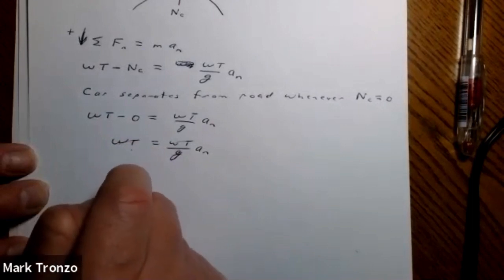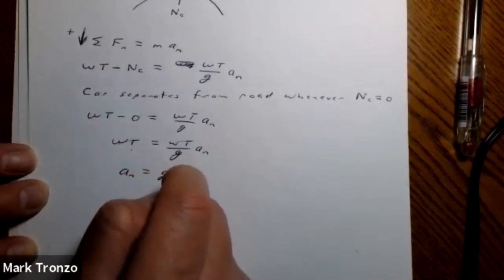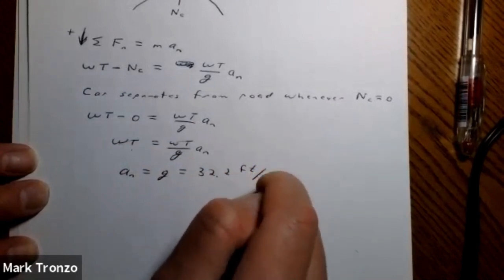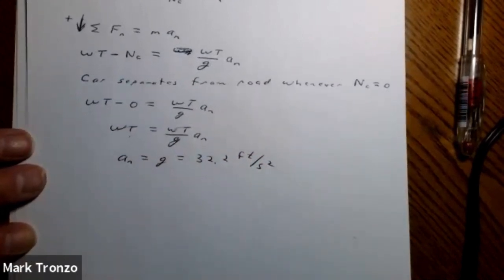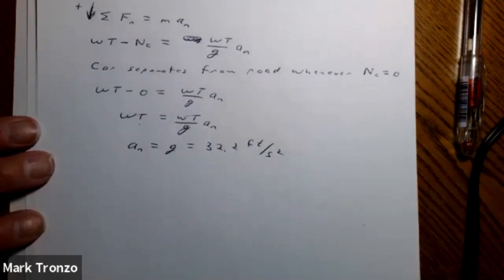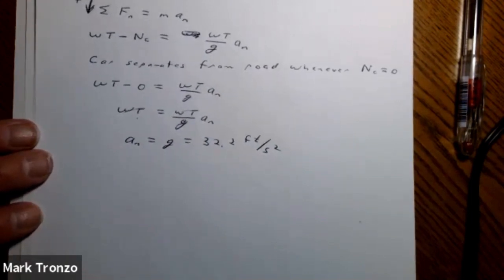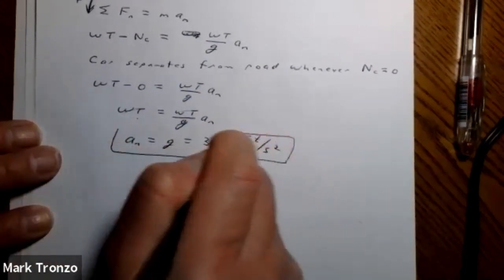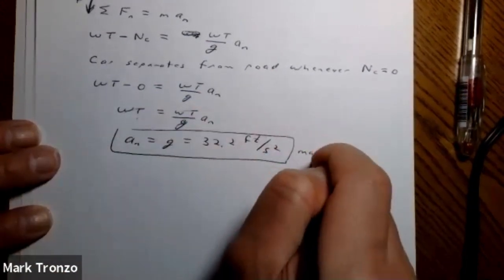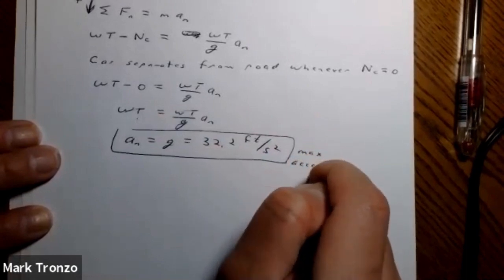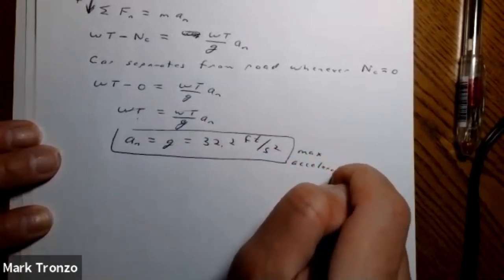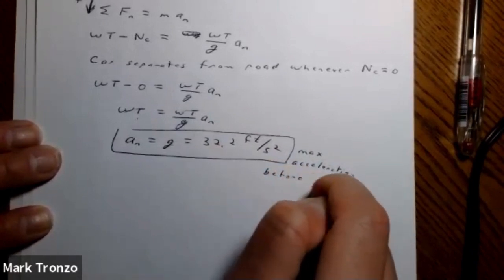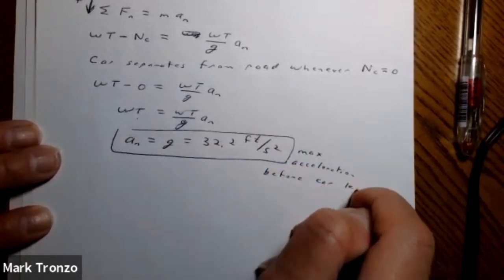So a_n equal to g equals 32.2 feet per second squared. So once again, this would be the maximum acceleration before the car leaves the road.